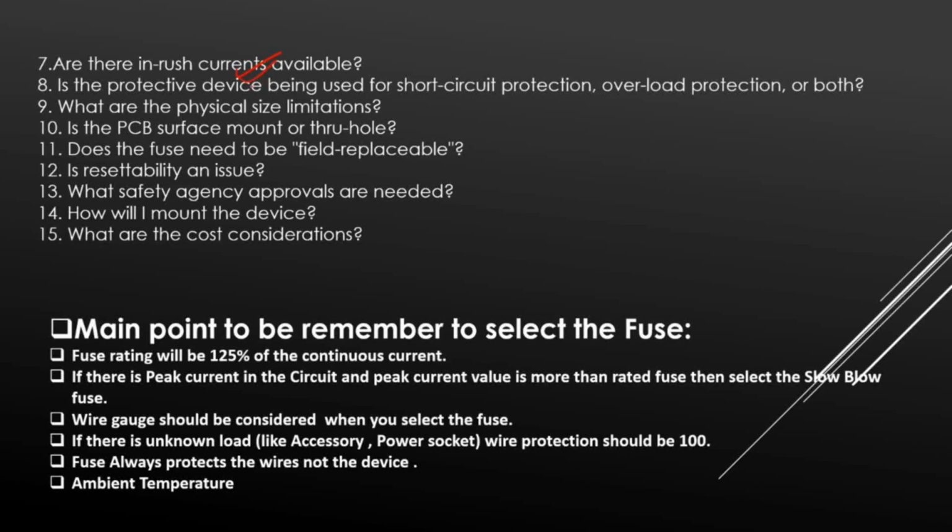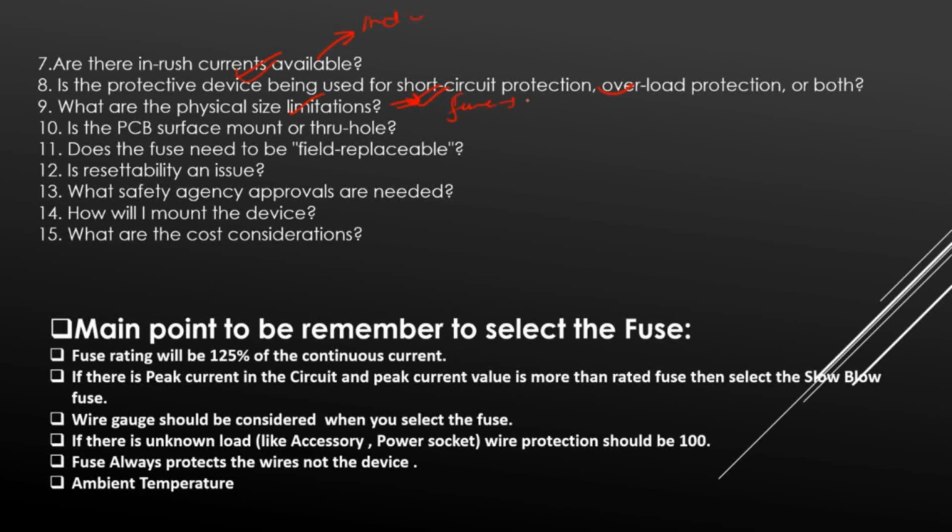Inrush current is nothing but peak current, transient current, which I have told you, and in what type of load it can be: inductive load and capacitive load. Is the protective device being used for circuit protection, so overload? What is the physical size limitation? We have seen different types of fuses where we have different profiles.